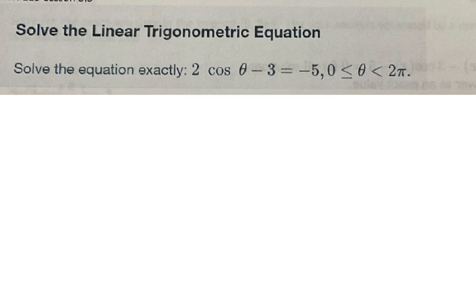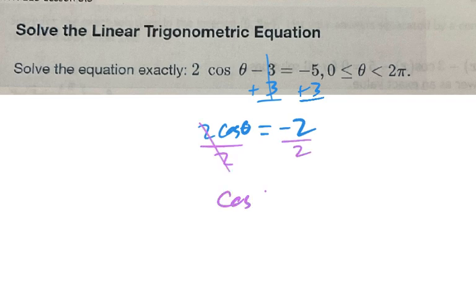So cosine theta minus 3, let's do some algebra. We would add 3 to both sides, which tells me 2 cosine theta equals negative 2. Now cosine of theta is being multiplied by 2, so I divide by 2. So cosine of theta equals negative 1.